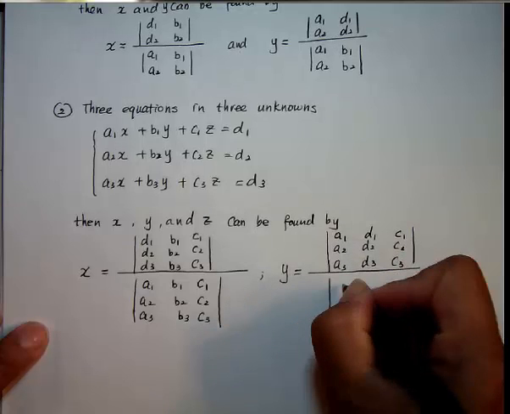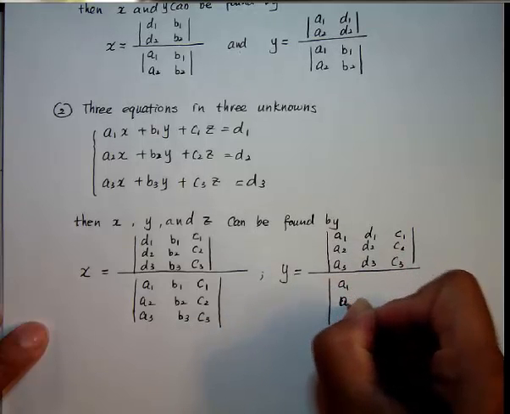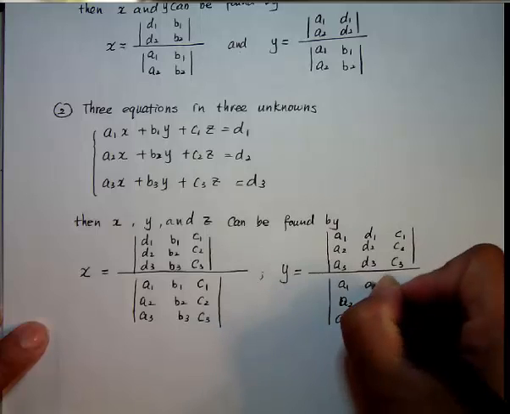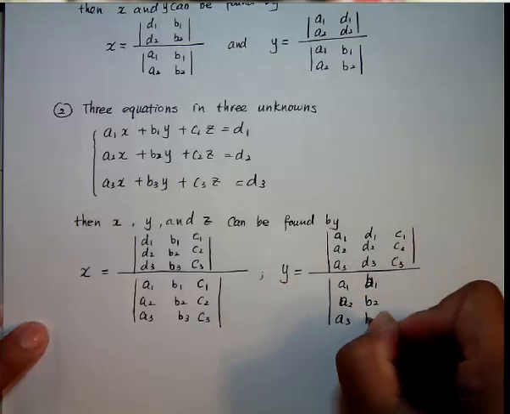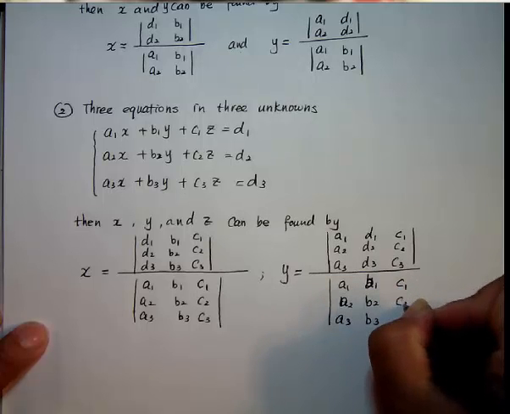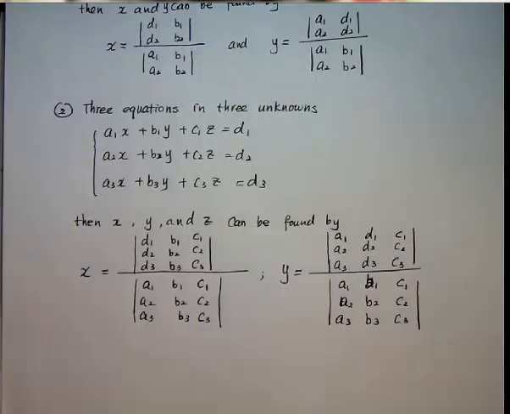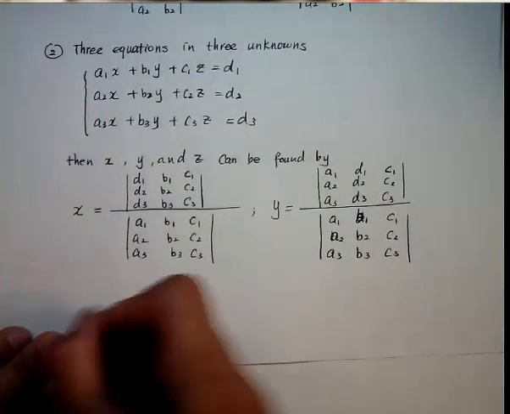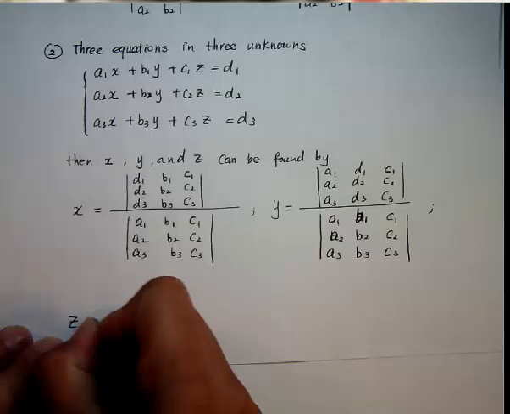The coefficient determinant is a1, a2, a3, b1, b2, b3, c1, c2, c3. That's y. And z also can be found.